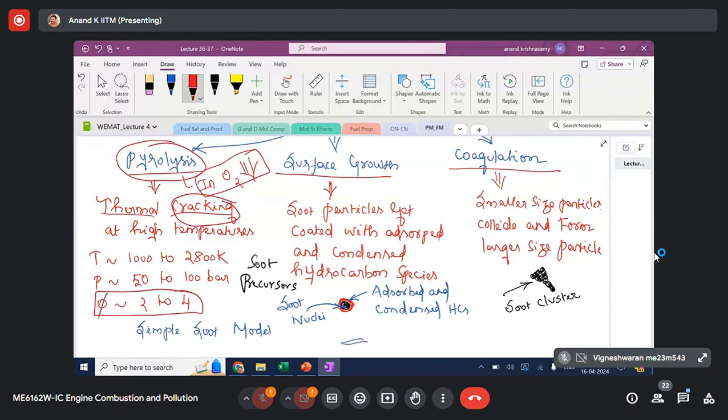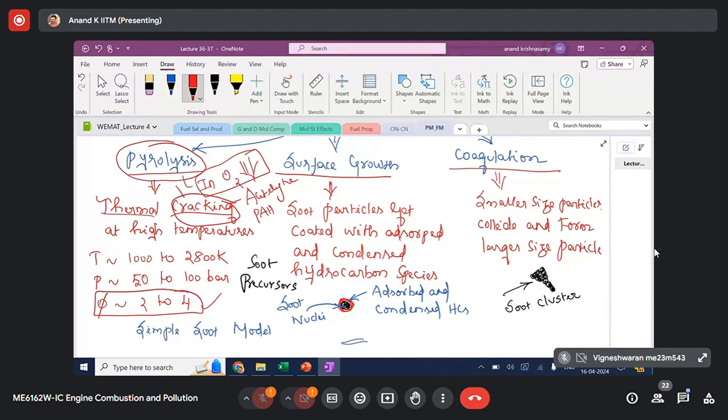And finally, what it will lead to is forming something called acetylene or PAH, which is polyaromatic hydrocarbon. Okay, the heavy hydrocarbon present in diesel, because diesel combustion is what is causing this soot. So this heavy hydrocarbon present in diesel breaks down due to thermal cracking, leading to several short chain hydrocarbons.